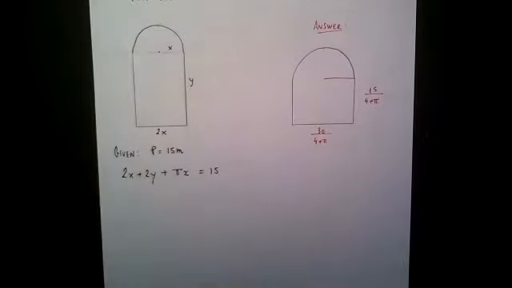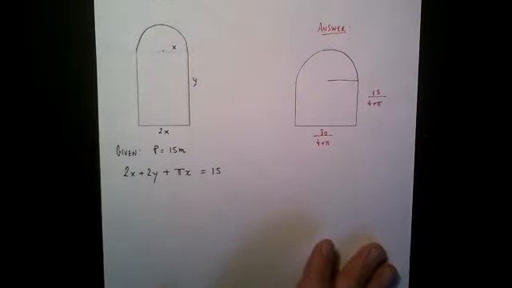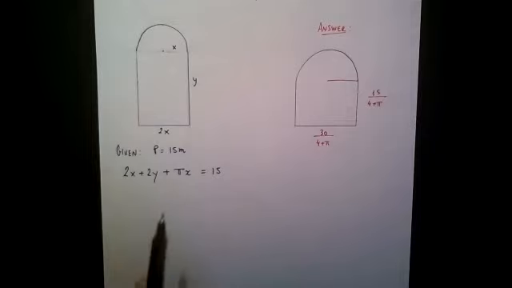Who's got a question with this setup? Sir, can we do the problem like I did, the bottom I put as X, and then the radius I just put as half of X?